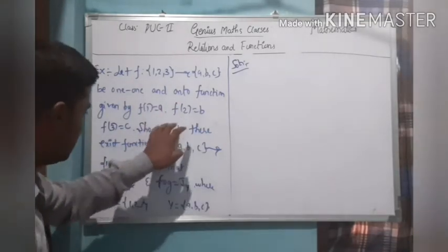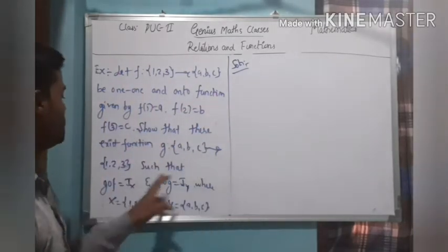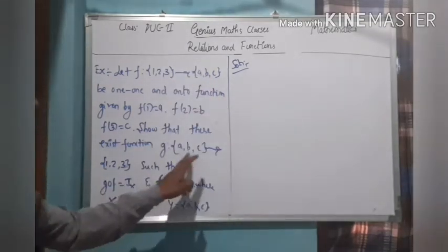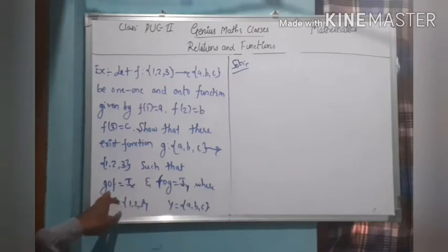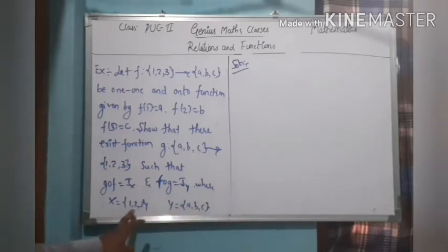With that we have to show that there exists a function g from {a, b, c} to {1, 2, 3}, the reverse of that, such that the composition g naught f equals I_X, and f naught g equals I_Y, where X equals {1, 2, 3} and Y equals {a, b, c}.